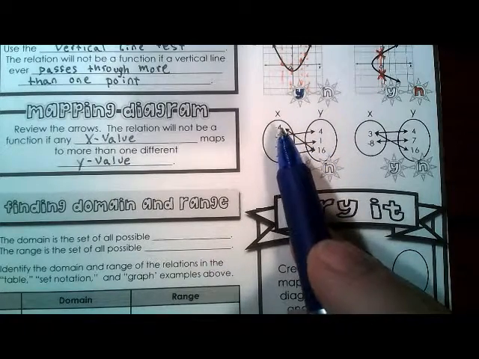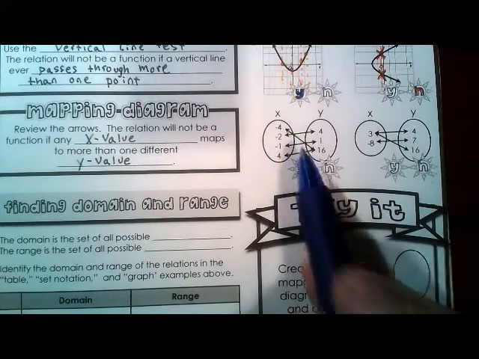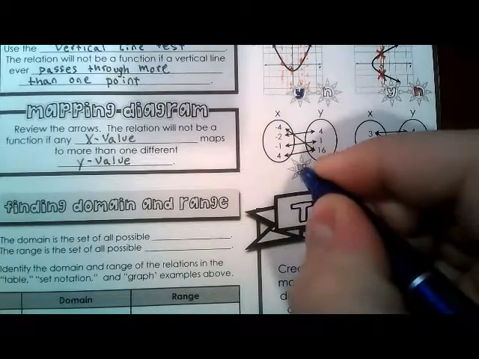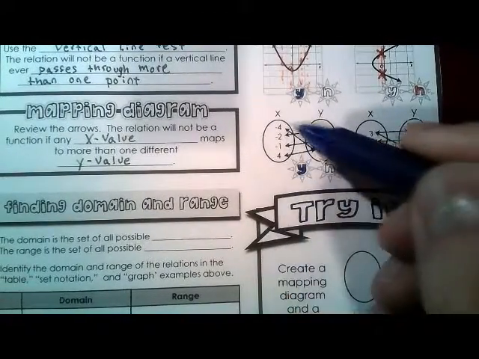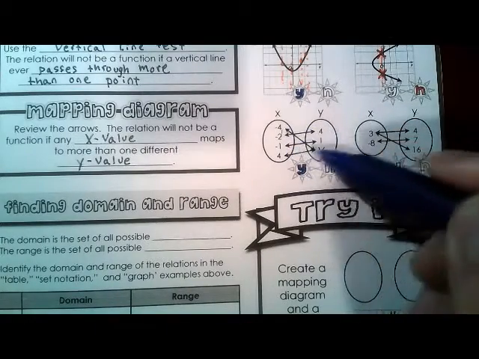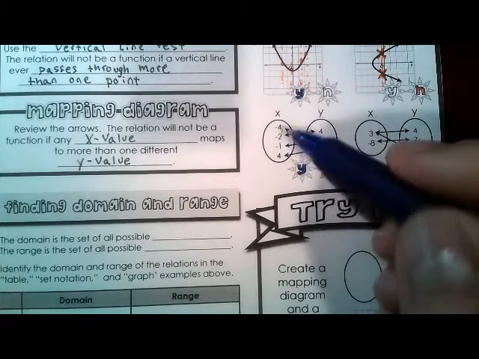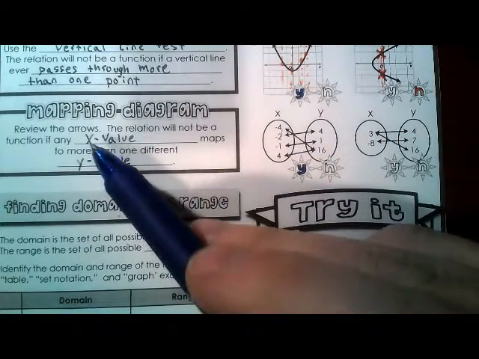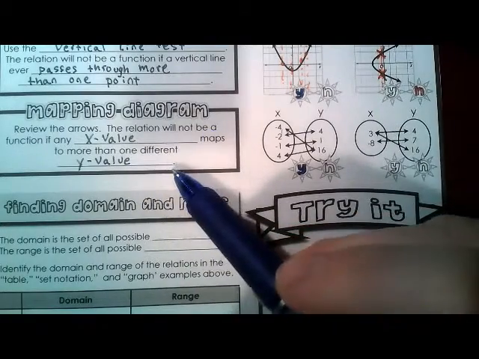So it's when you have two arrows branching off of this x value that go to two different numbers. That's what makes it not a function. So in this case, even though we've got two different x values going to the same y value, that's okay. Because it's only the x value that can't be mapped to more than one different y value.